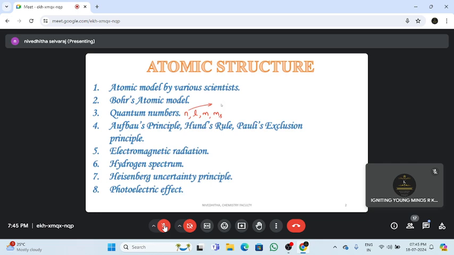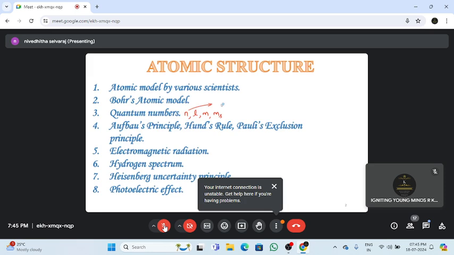So n is the principal quantum number which we are giving to the shell or the energy level of the atom, and azimuthal quantum number is the quantum number which we give to the subshell, which is S, P, D and all that. And magnetic quantum number is the number which we give to the orbitals, and spin quantum number is the number which we give to the electron.